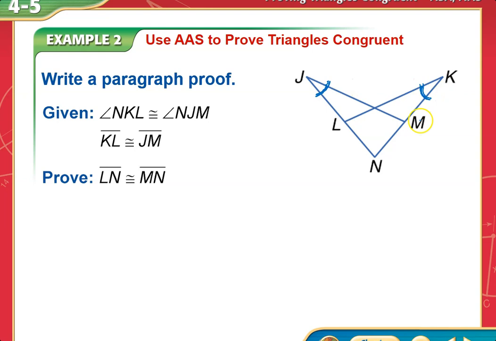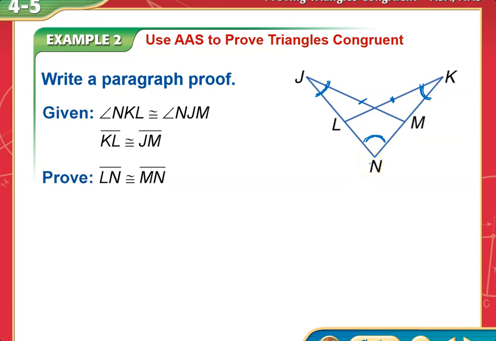We're also given that KL and JM are congruent segments, so I'm going to put a tick mark here and a tick mark here. Now this angle here is congruent to itself because of the reflexive property. Therefore, we have two angles and a non-included side, so the two triangles are congruent.